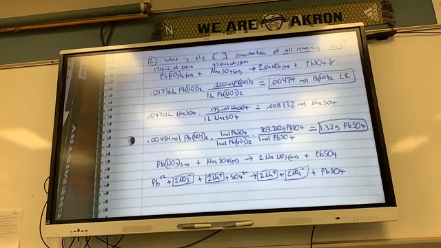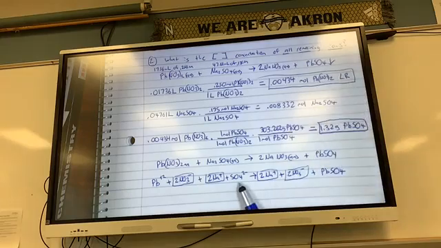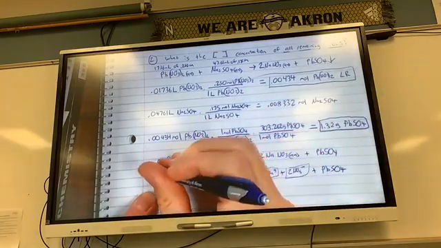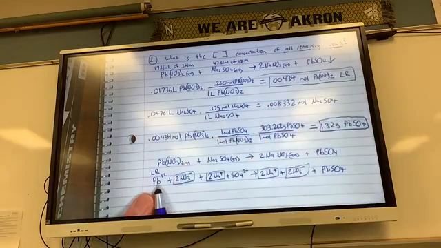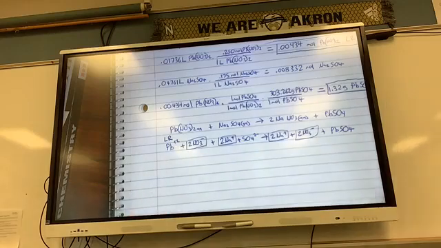I'll give you a hint. Here's your hint. Wait, no, that's a 4. There's going to be SO4 left. Why? It's excess. That means that Pb2 plus is my true limiting reactant. So the Pb 2 plus ion is the limiting ion of this reaction, which is kind of cool.